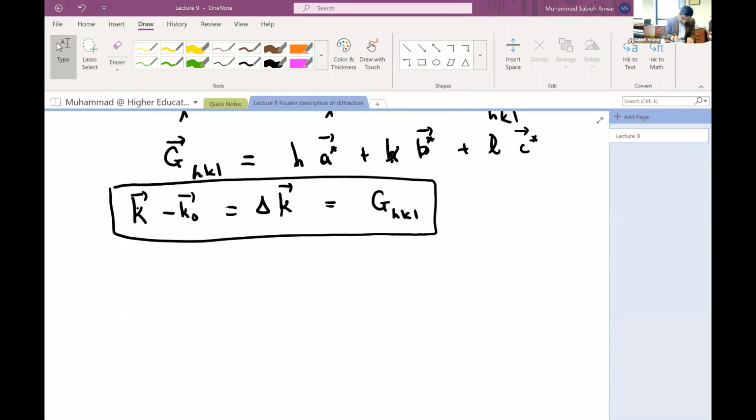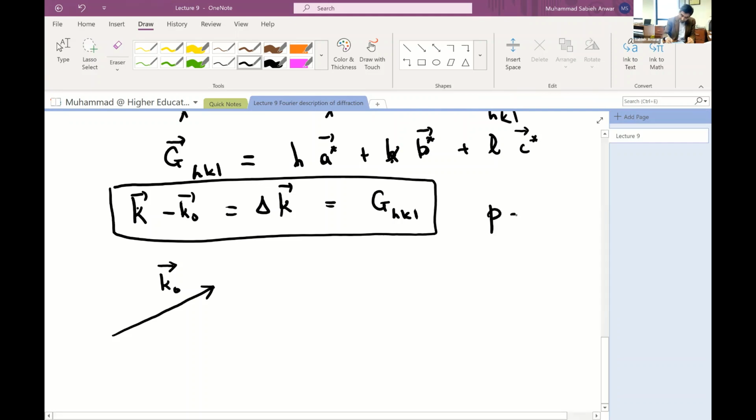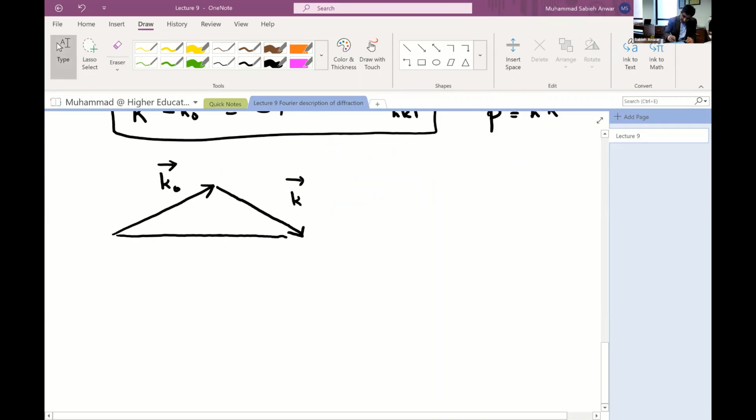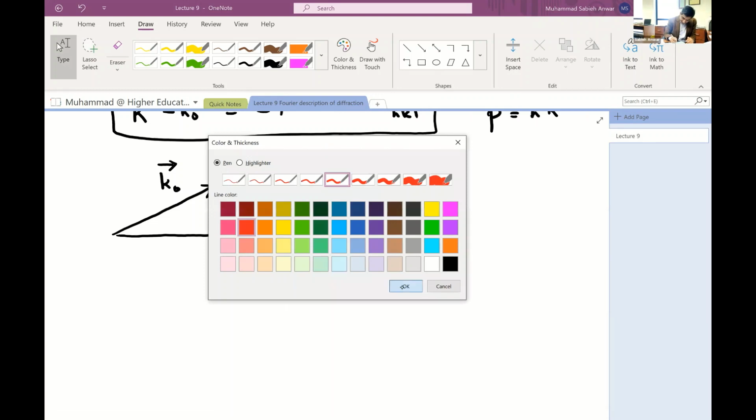So if I were to draw a ray K naught, which represents an X-ray coming in a particular direction with a certain momentum, you all know that there is a relationship between the momentum and the wave number, which is given by P equals h bar K. Then the scattered direction K is such that we can always form a vector which is given by K minus K naught.